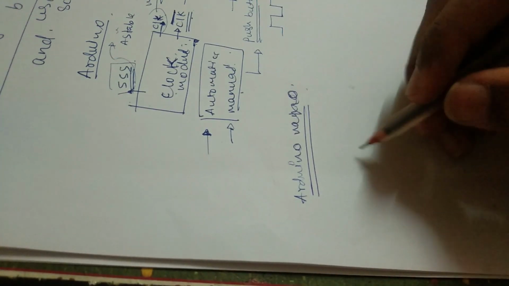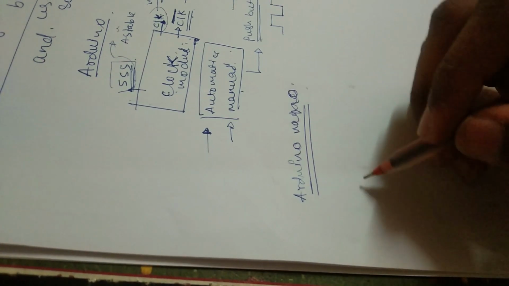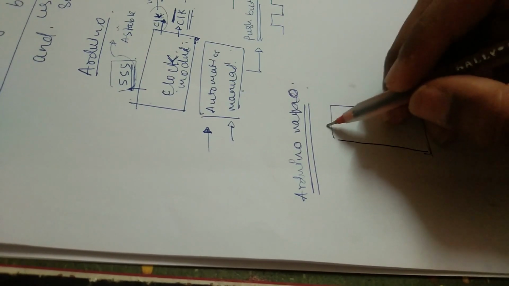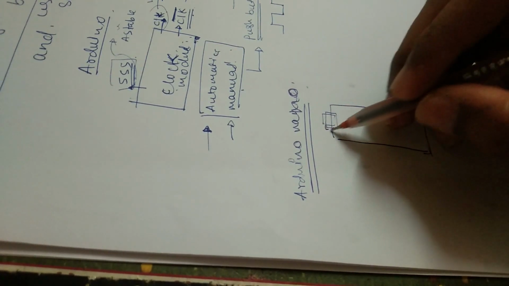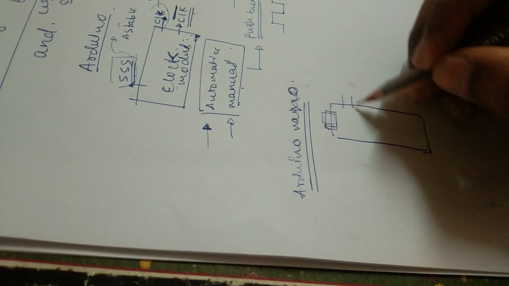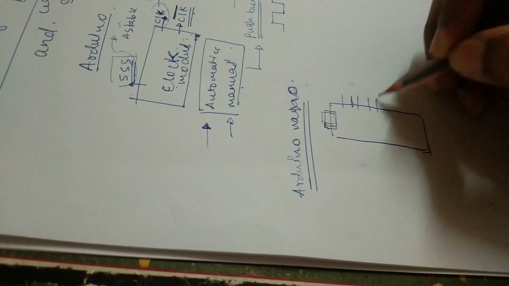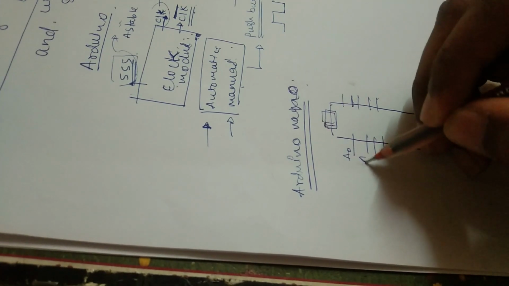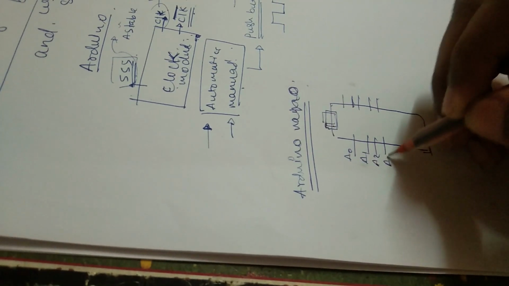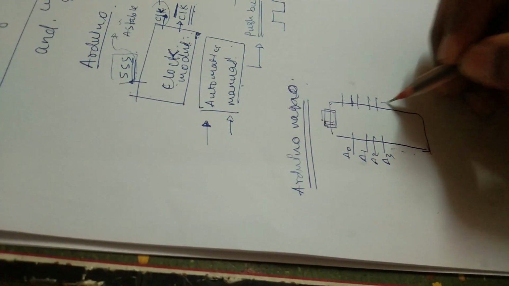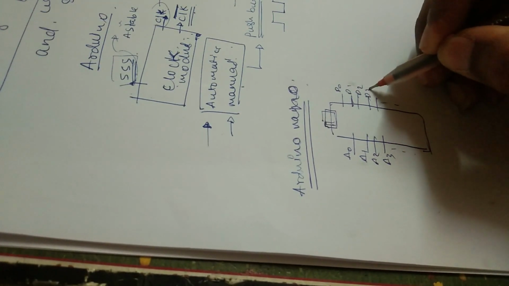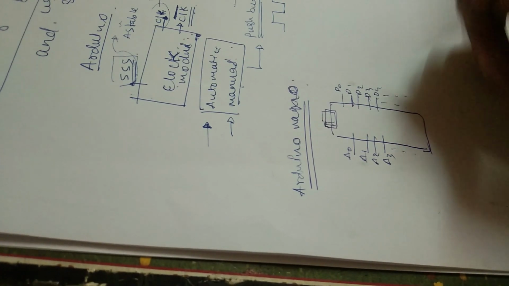So suppose this is an Arduino Nano, I'll be drawing here. These are some of the digital pins. These are the analog pins, A0, A1, A2, A3, and D0, D1, D2, D3, D4.